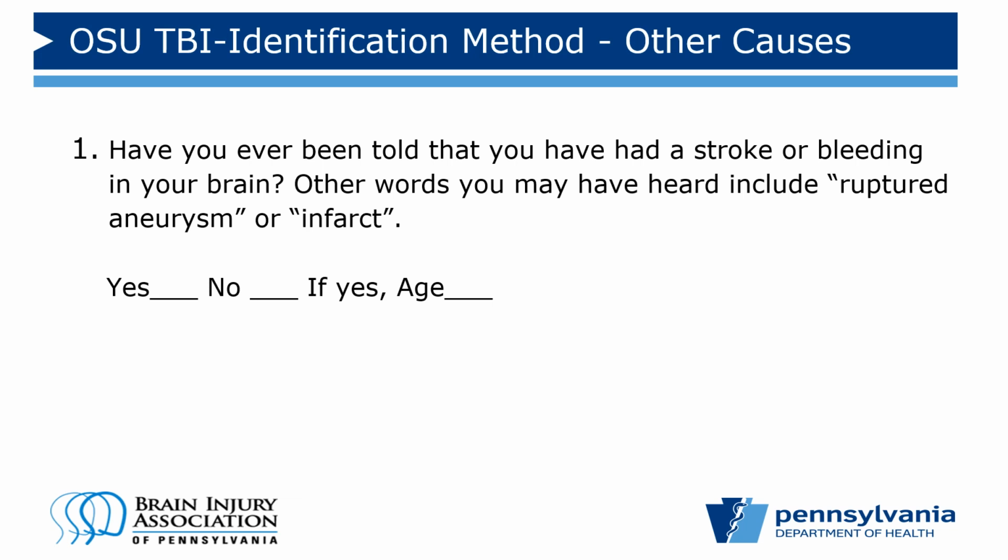The first question is this: have you ever been told that you had a stroke or bleeding in your brain? Other words you might have heard are a ruptured aneurysm or an infarct. So again, you ask the question, you indicate whether or not the individual had that experience, and if so, at what age it happened.